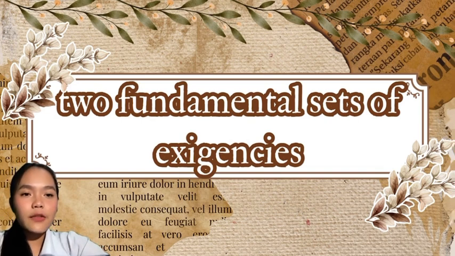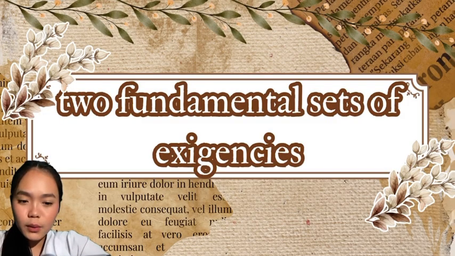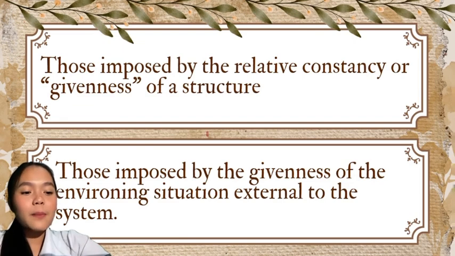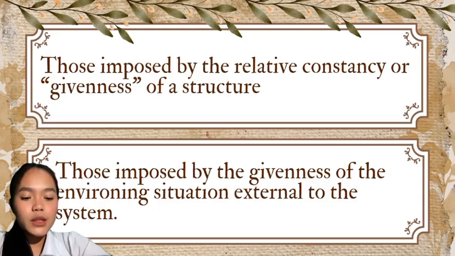There are two sets of exigencies or needs that society must respond to. Number one, those imposed by the relative constancy or givenness of a structure. These are needs that come from maintaining order and harmony inside a society. Number two, those imposed by the givenness of the environmental situation external to the system.